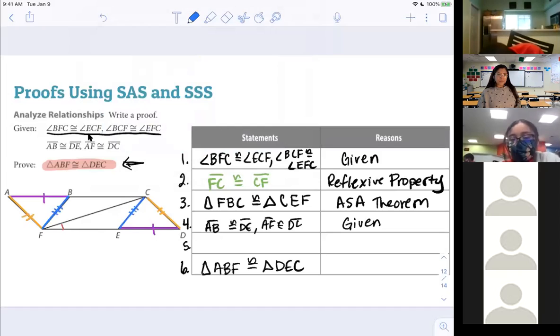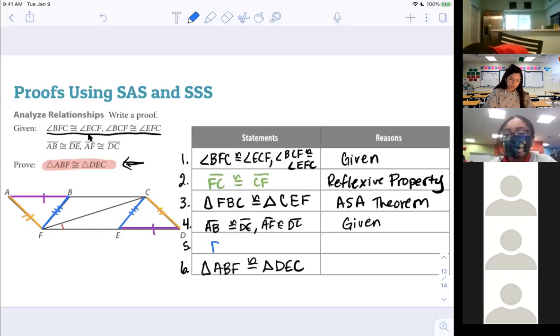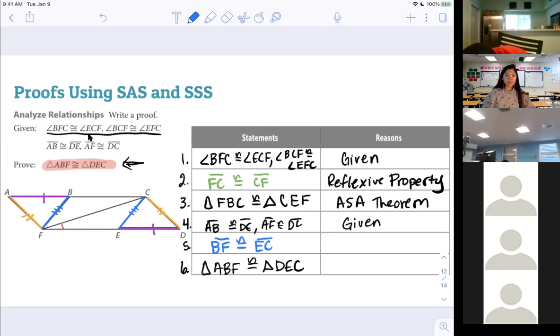That's true. Okay. But here, I need to prove that BF is congruent to CE. So that needs to be the next part of my proof, because I still need to prove that in order to finally say that both triangles are congruent. So that's step 5: BF is congruent to CE, or EC. But I need a reason.